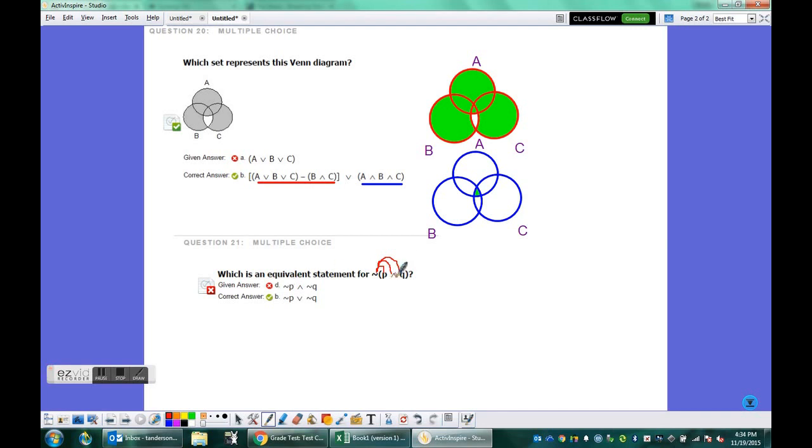Then I've got to do opposite of the sign they gave me. So I had an and sign, so I got to switch it to an or. And then finally opposite of Q, which you had as well. So when you've got this negation outside the parentheses, make sure you're also doing the opposite of the symbol in between. So instead of having the and statement, I'm going to have an or statement.